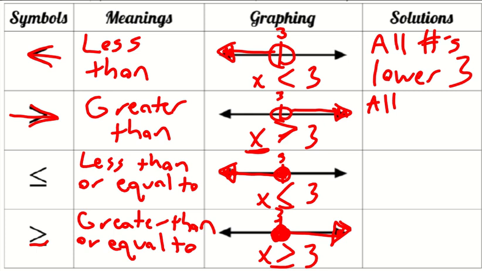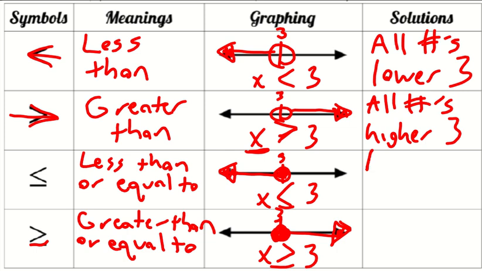So when it's greater than, that's all numbers higher than 3. Same idea. That doesn't include 3. 3 is not higher than 3. Now when we get to these, that's where the difference is.